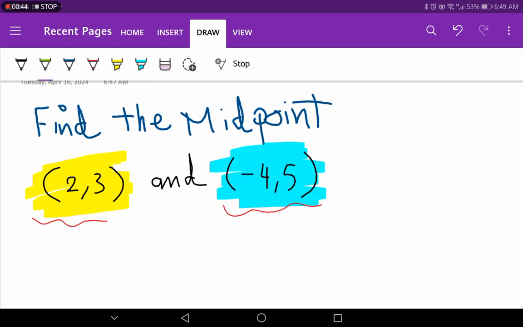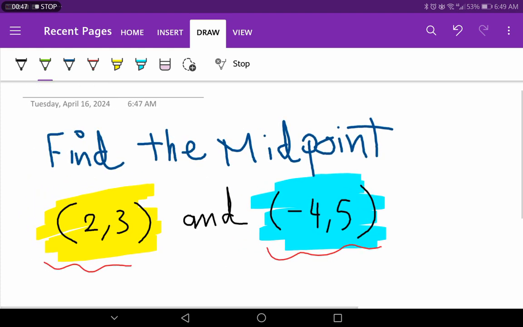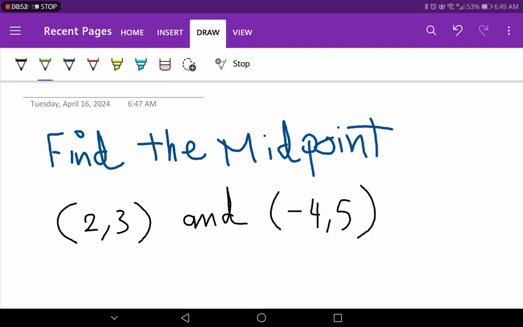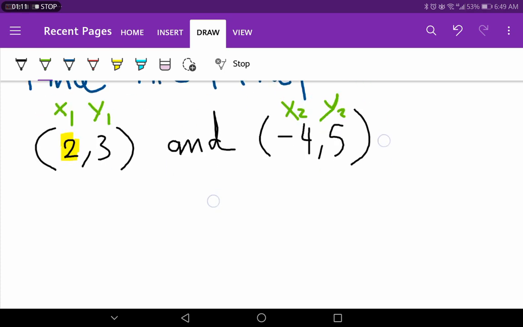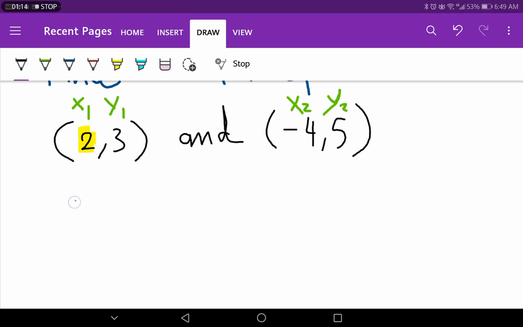Let's go. First of all, you also have to know one more thing. Forgive me for the long explanation, but before I start, I have to make sure my student knows that this is x1, I mean x2, and this is y1, and this is x2, and this is y2. Are you happy with that? Me too. Let's go. The midpoint, we can find it by drawing an ordered pair with a comma in the middle and a fraction sign here and a fraction sign here.